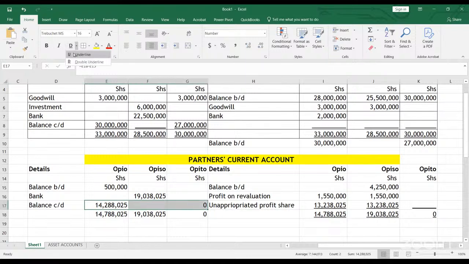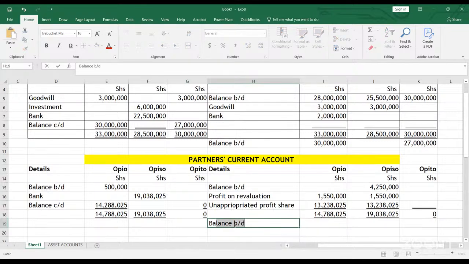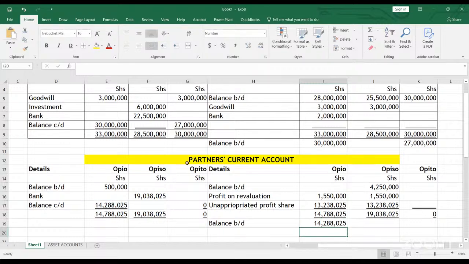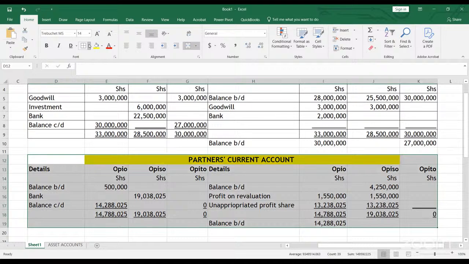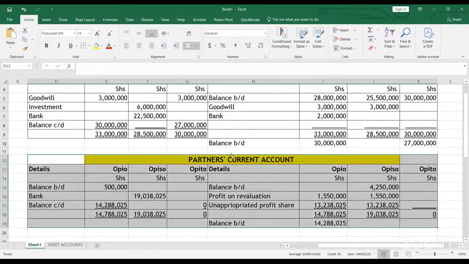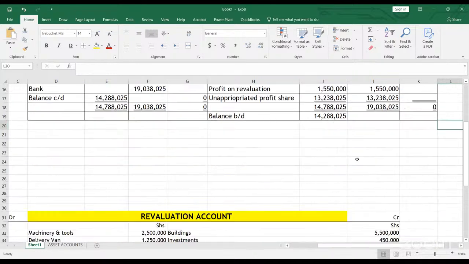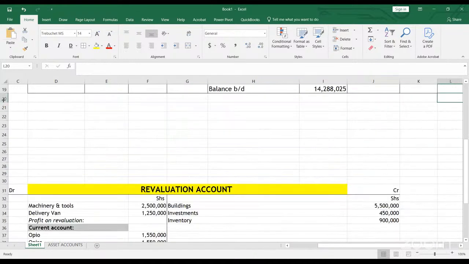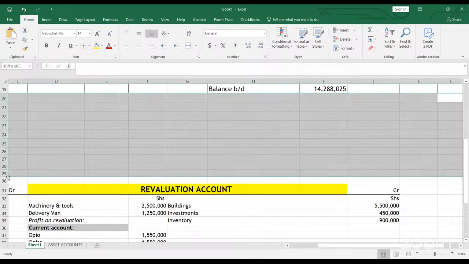So we need to get our totals. The only partner who has a balance as per the current account is Opio, with a balance of 14,288,025. That's our current account for this partnership business.